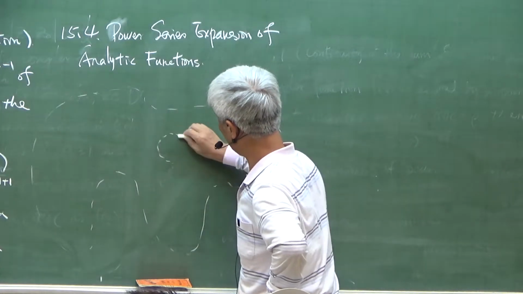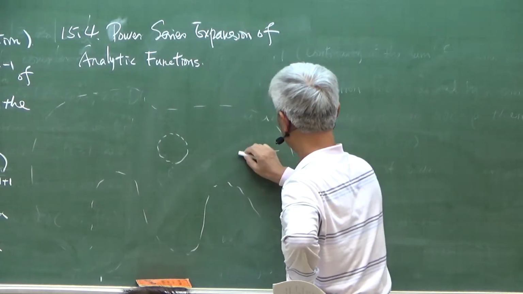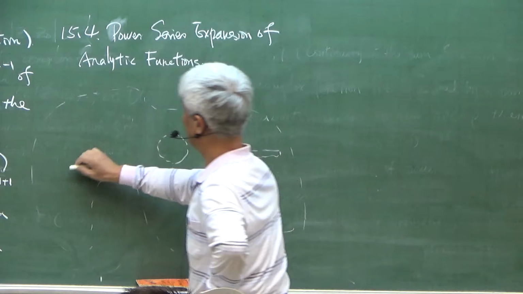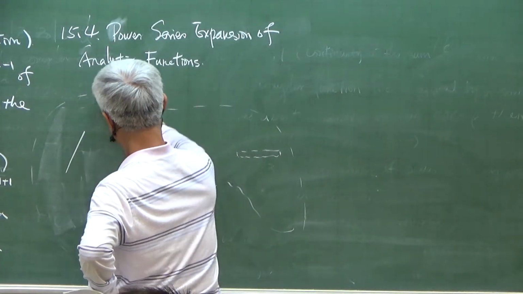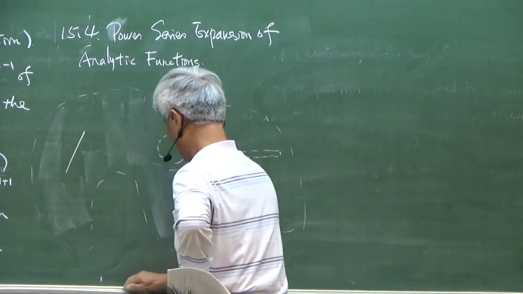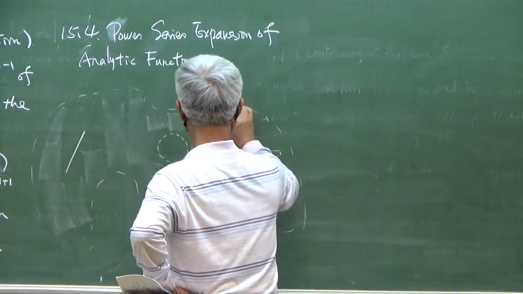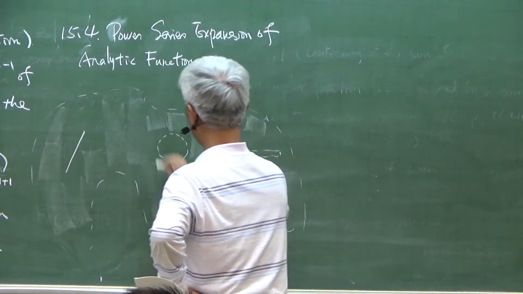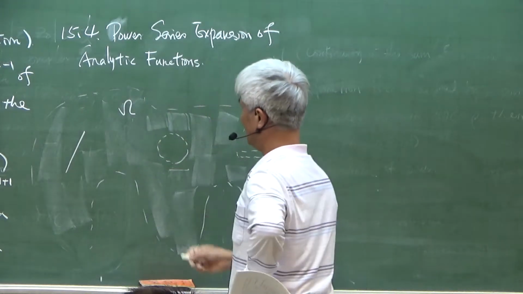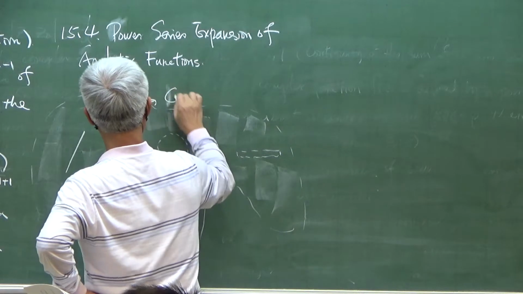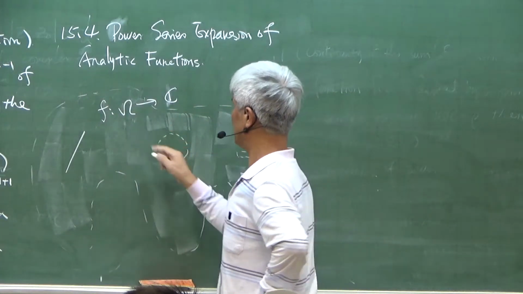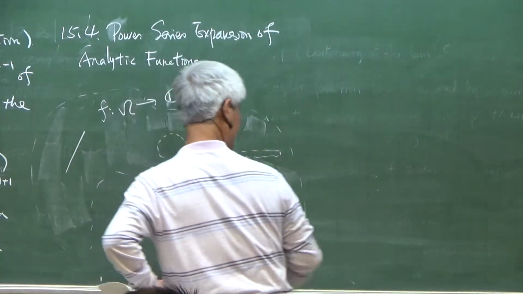Maybe you have some kind of hole or a cut here. So this is your open set, and you have a function defined on this open set.